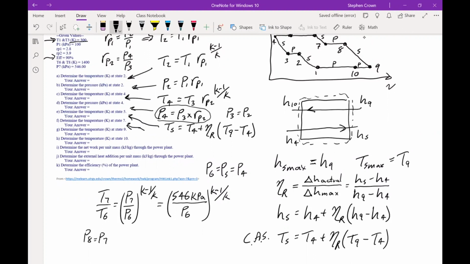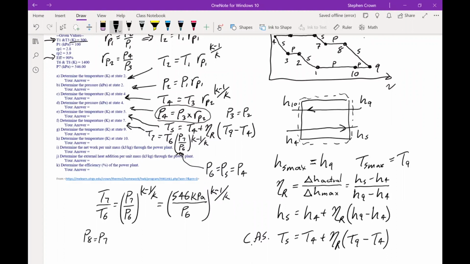So that's going to equal T7 equals T6 times P7 over P6 to K minus 1 over K, noting that we do have an equation for P6. So now state 9, we can find from state 8 in the same way. So we use the same equation.